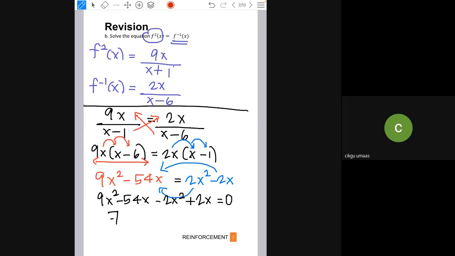So I get 7x squared minus 52x equals 0. Ishwar, any problem? No, sir. So you're going to get two answers when you press the calculator. Check and see. I think you know how to press the calculator. There are two answers for this. But I will take this. x equals 0 is not acceptable.